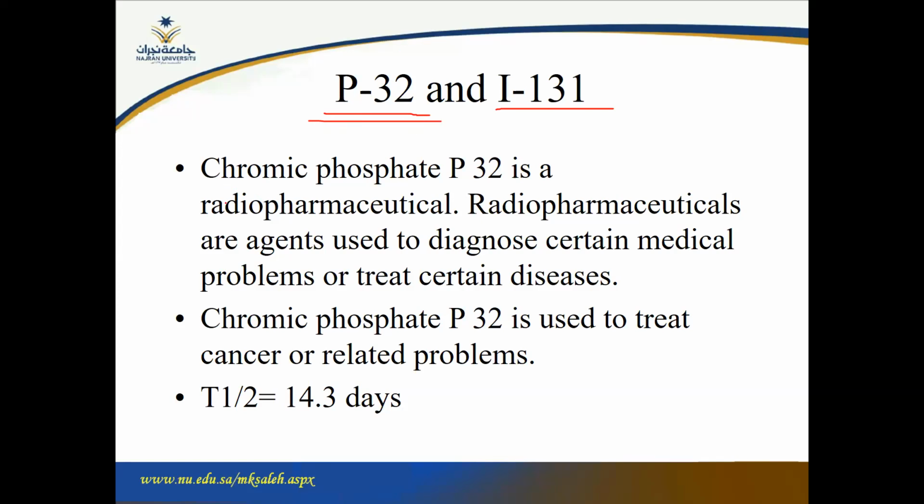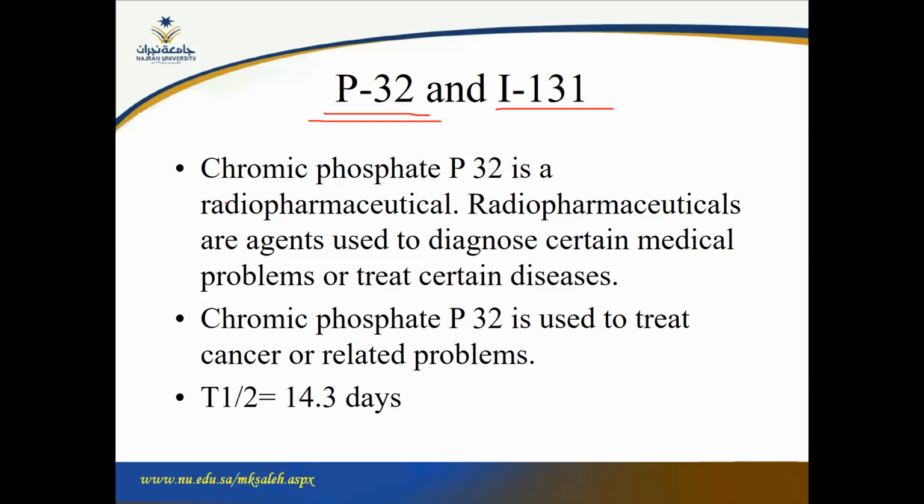Chromic phosphorus 32 is a radiopharmaceutical. It is an agent used to diagnose a certain medical problem or to treat a certain disease. The half-life of phosphorus 32 is 14 days, and it could be used to treat cancer, or some blood disorders like PV or ET.